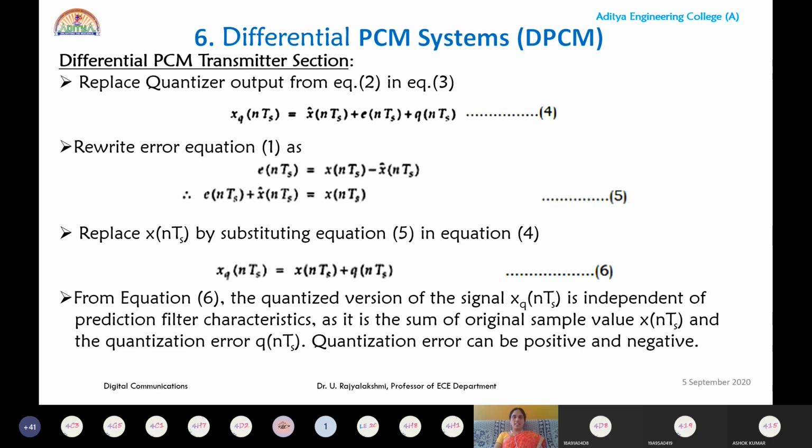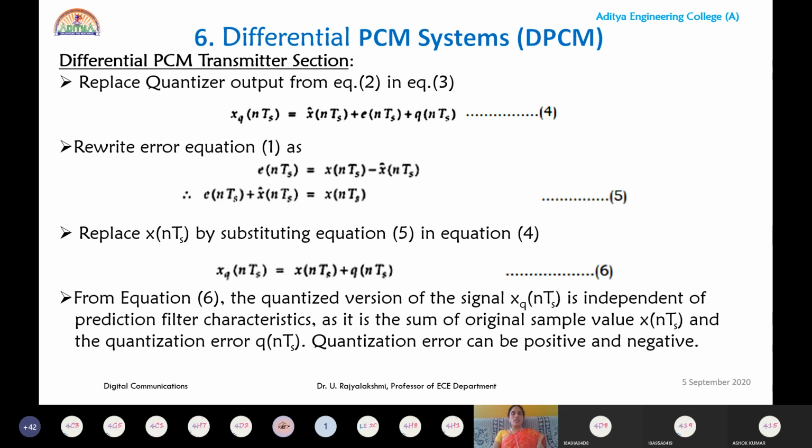You can take X cap of NTS to the left hand side, so that you will get E of NTS plus X cap of NTS is equal to the present sample data, that is X of NTS. Now you got X of NTS as E of NTS plus X cap of NTS. So from this equation 5, we can say that this is the prediction filter characteristics.